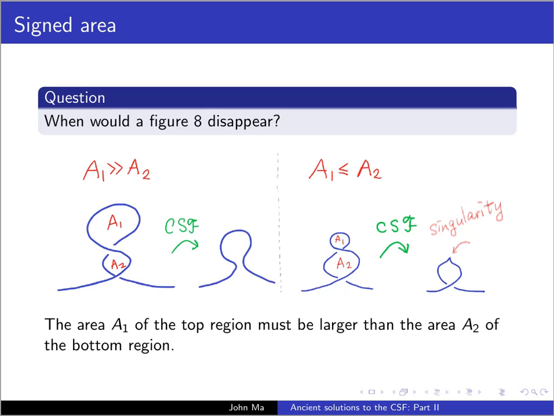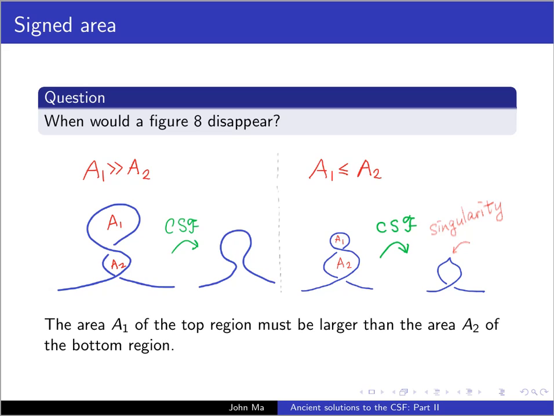Okay, so in this picture we have this illustration which tells you that in order to glue a figure 8 and let that figure 8 disappear, we have to really be careful about choosing the area bounded by those two loops in the figure 8.